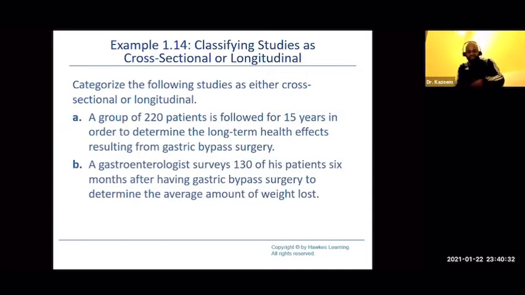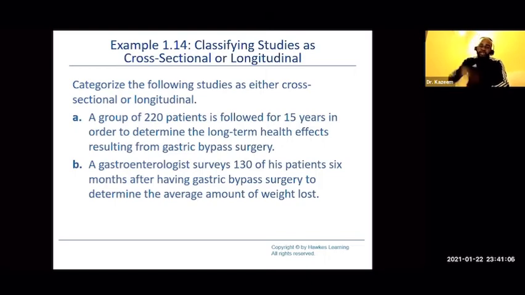Now let us go into an example of how we can identify a scenario to be a cross-sectional study or longitudinal study. Let's take a look at this example. Categorize the following studies as either cross-sectional or longitudinal. A group of 220 patients is followed for 15 years in order to determine the long-term health effect resulting from gastric bypass surgery.